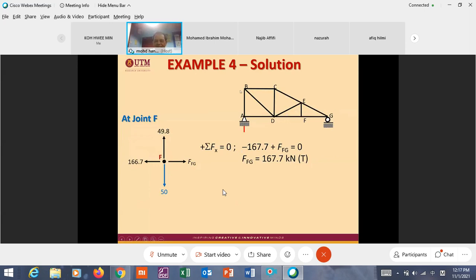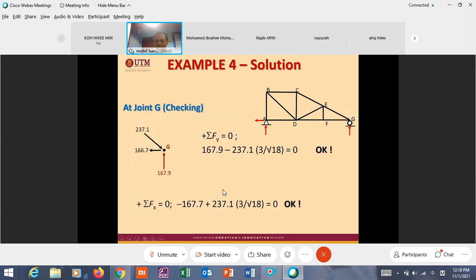Now, so far we have gone through all the members. Now, do we need to go to joint G? Joint G we use as a double check. If joint G is in equilibrium in the X and Y direction, then it is okay.